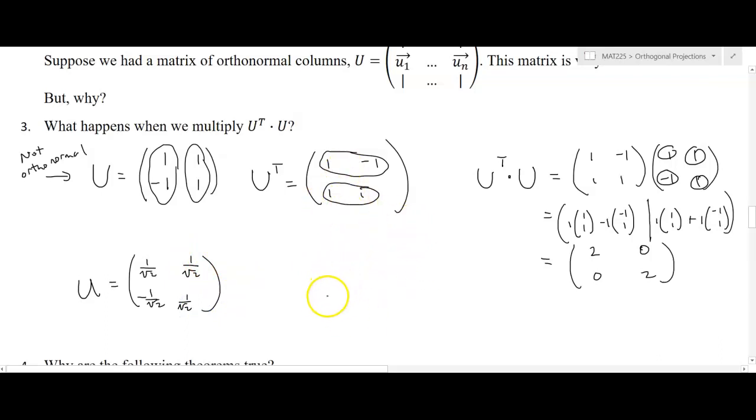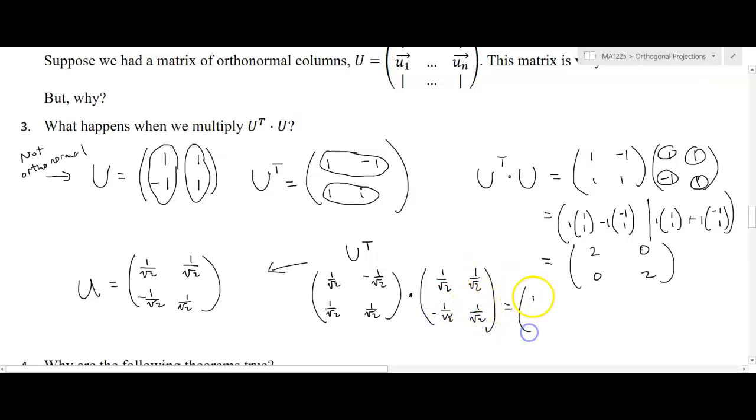In this case we would be multiplying U transpose, which would be 1 over square root 2, -1 over square root 2, 1 over square root 2, 1 over square root 2. This is the transpose of this one over here, multiplied by U, which is 1 over square root 2, 1 over square root 2, negative 1 over square root 2, and 1 over square root 2. And lo and behold, when you multiply these out, you're going to get the identity matrix.